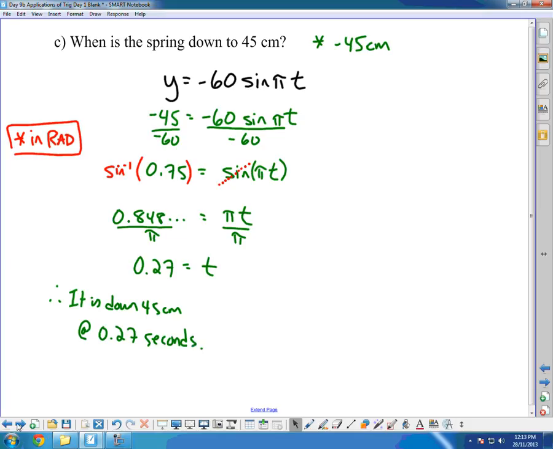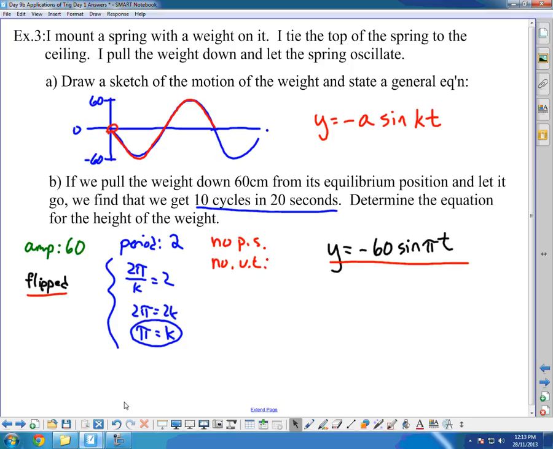So if I go back to my picture, it kind of makes sense. It happens relatively quickly. Negative 45 is someplace around here, and boom, there it is. Remember, this whole thing is 2 seconds, so this is 1 second. So there's the spot right there.